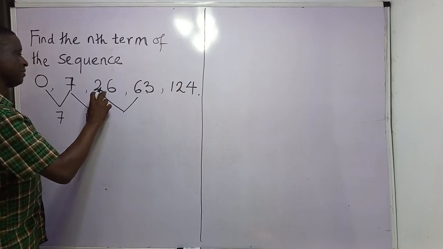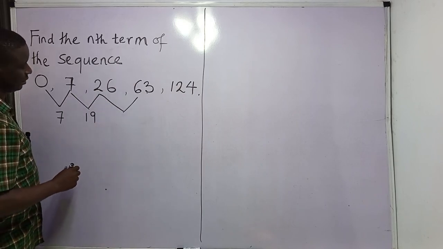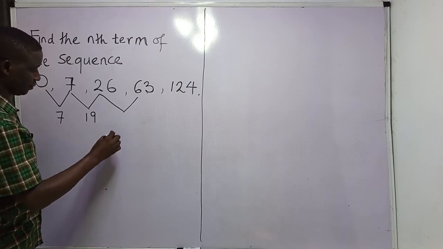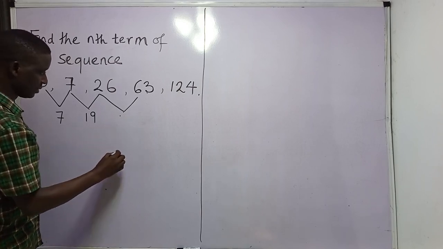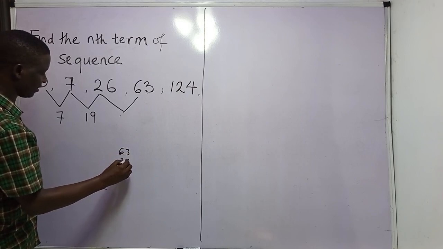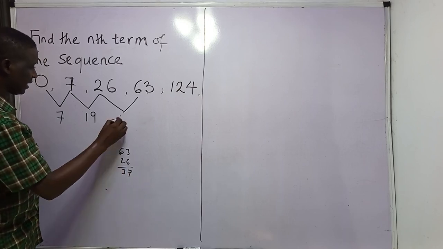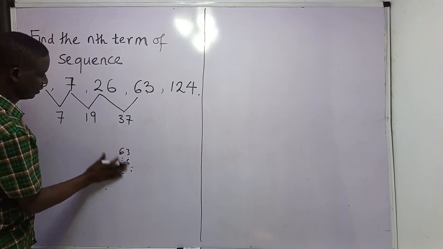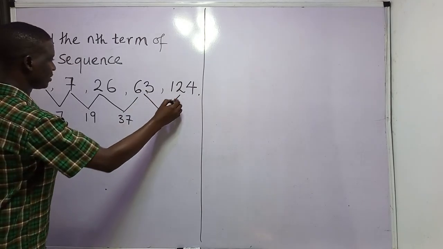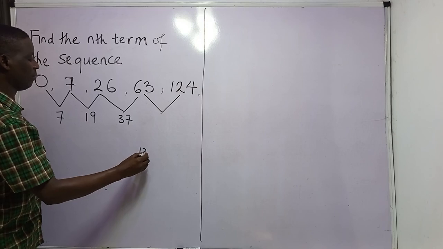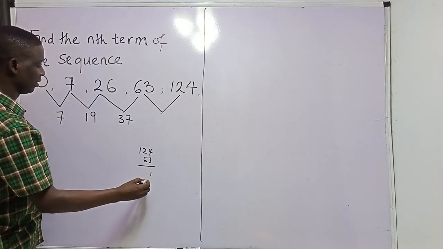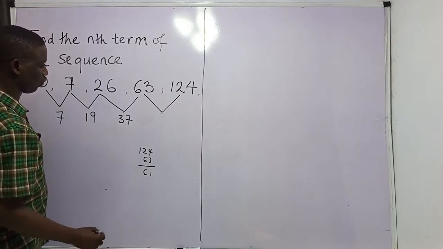Then 63 minus 26, let me confirm it, we would have 37. Now there's 124 minus 63. That would have it as 61.